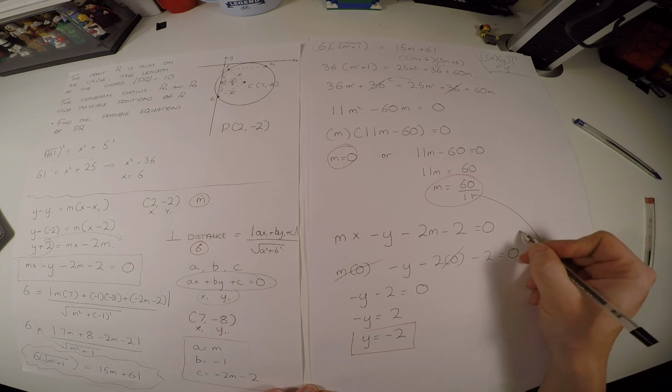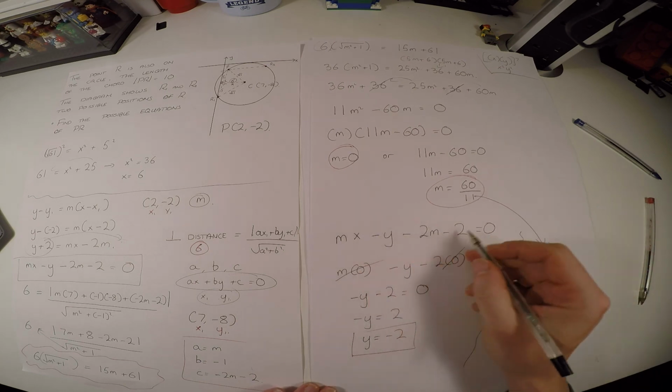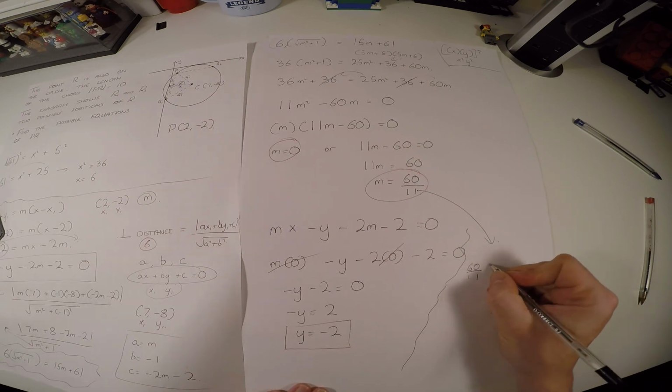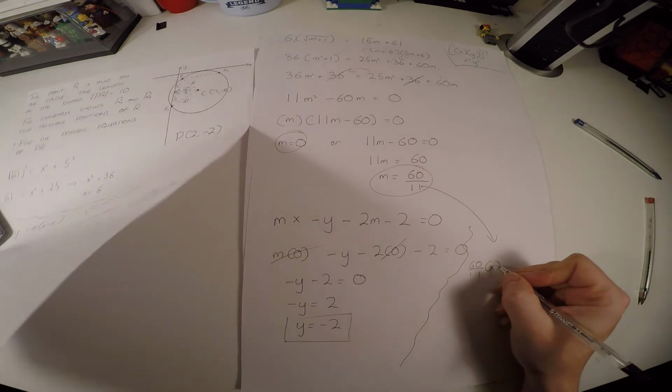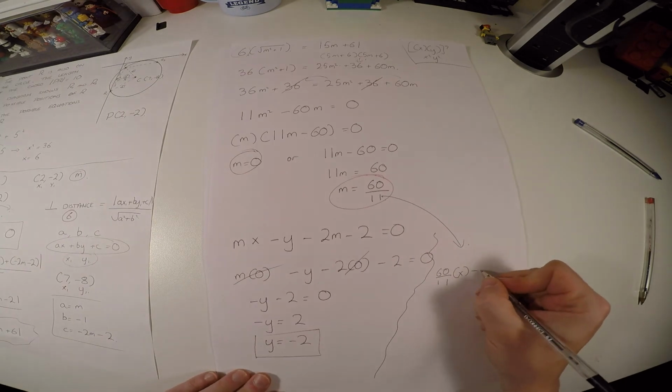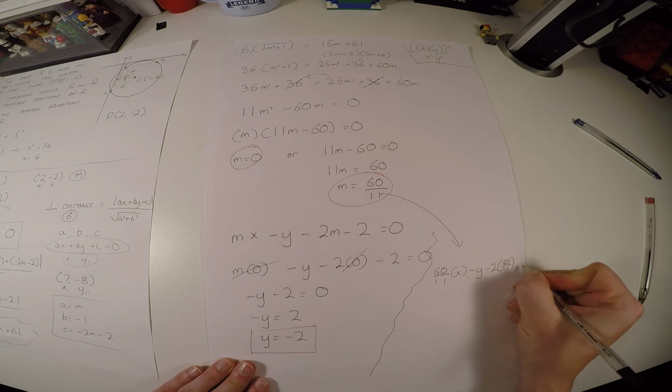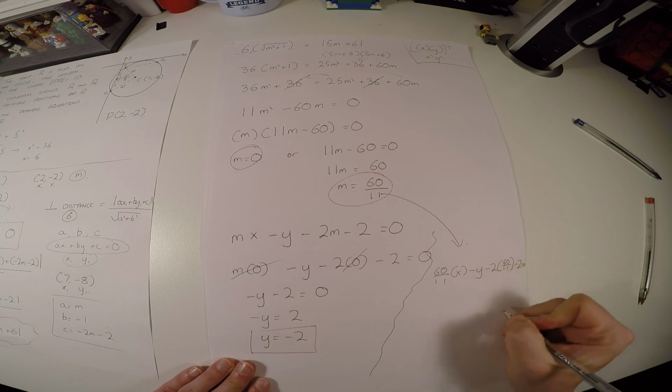And the other option I had for a slope was this one here. So that means I replace all these m's by 60 over 11, so that gives me 60 over 11 times x, and then minus y minus 2 times 60 over 11 minus 2, and that was all equal to 0.